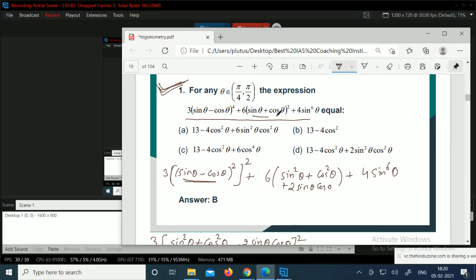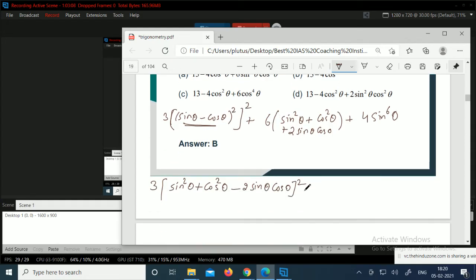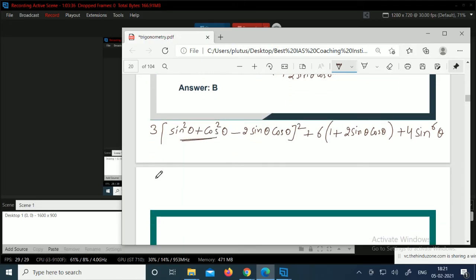But if I open this square, okay, so this term is 1 plus 2 sin theta cos theta plus 4 sin 6 theta, isn't it? Yes. If I put this equal to 1, then the equation is 3 into 1 minus, and what is the value for this?